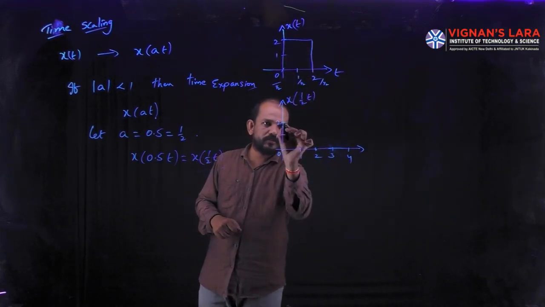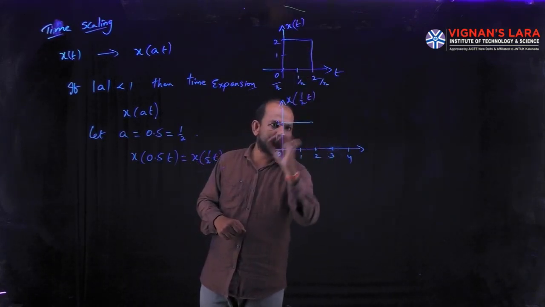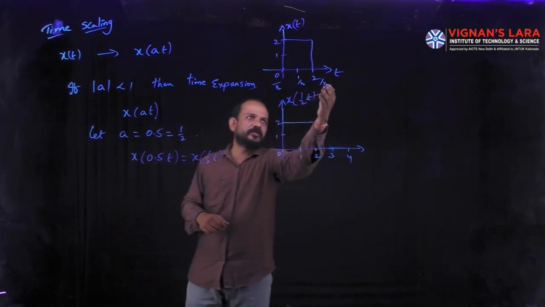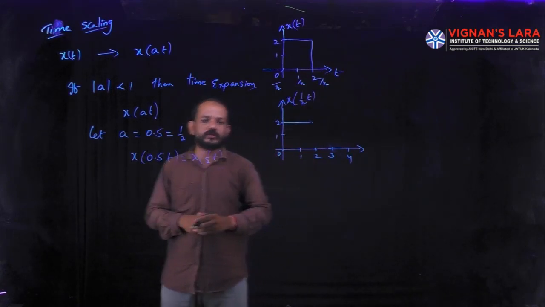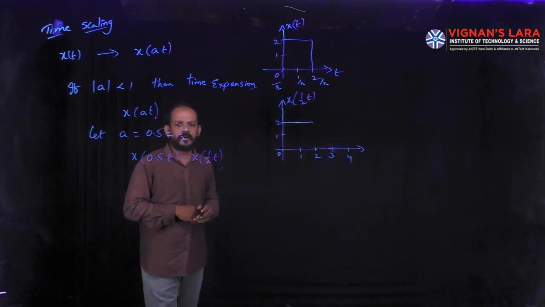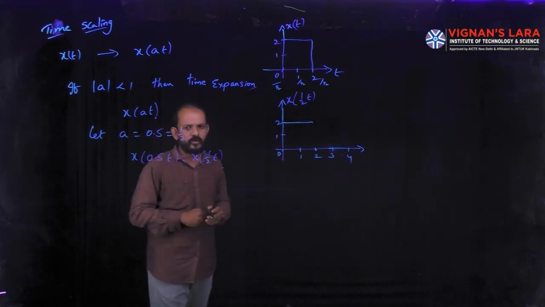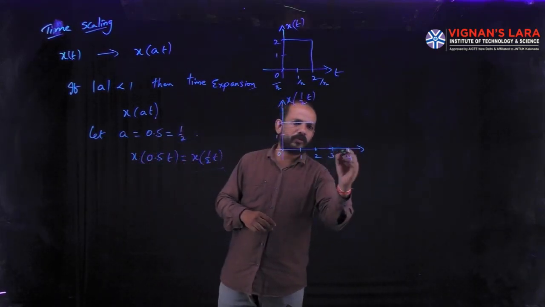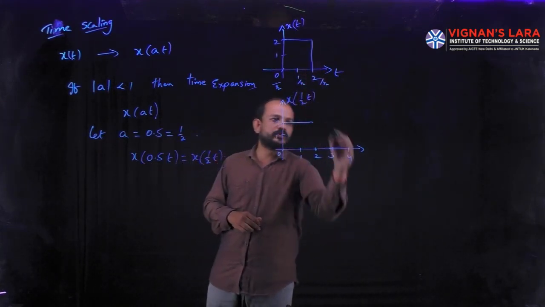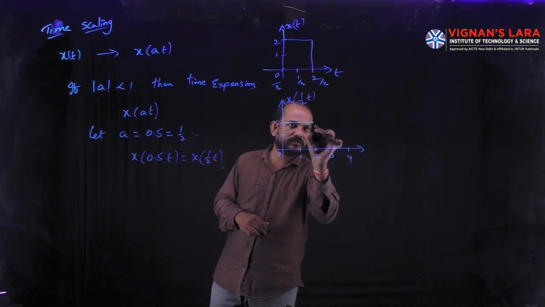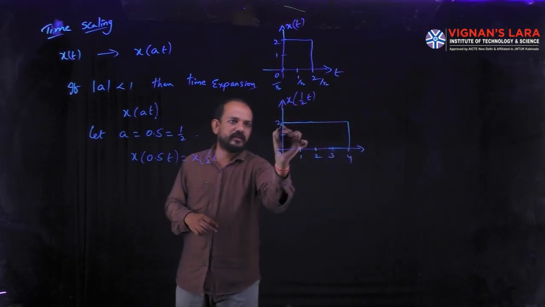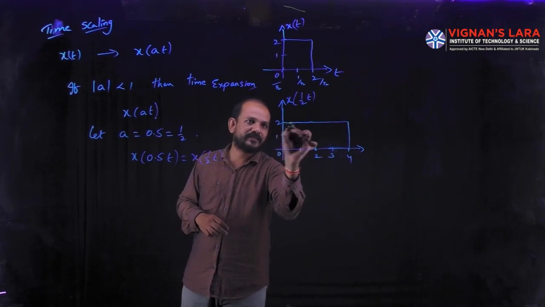Next, 2 divided by 1 by 2: the 2 goes outside, 2 into 2, that is 4, or simply 2 by 0.5, which is also equal to 4. So this is 4, and the amplitude is 2. So here also the amplitude is 2. That means this one, this one. See, the waveform looks like this.